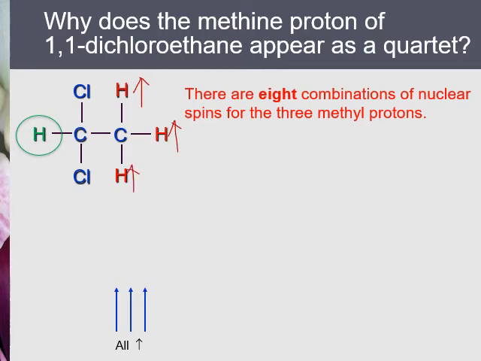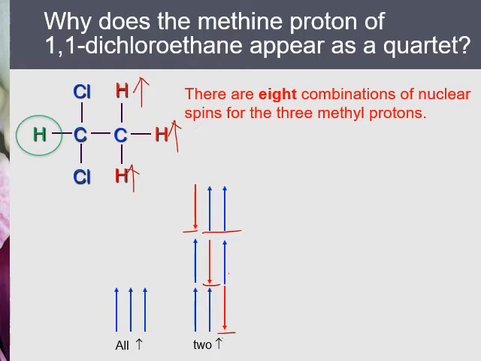Or 2 of them spin up, 1 spin down, and these have 3 possible arrangements. The first one is down, second and third up. Or the second one is down, first and third up. Or the third one down, first and second up. That's 3 possible arrangements.